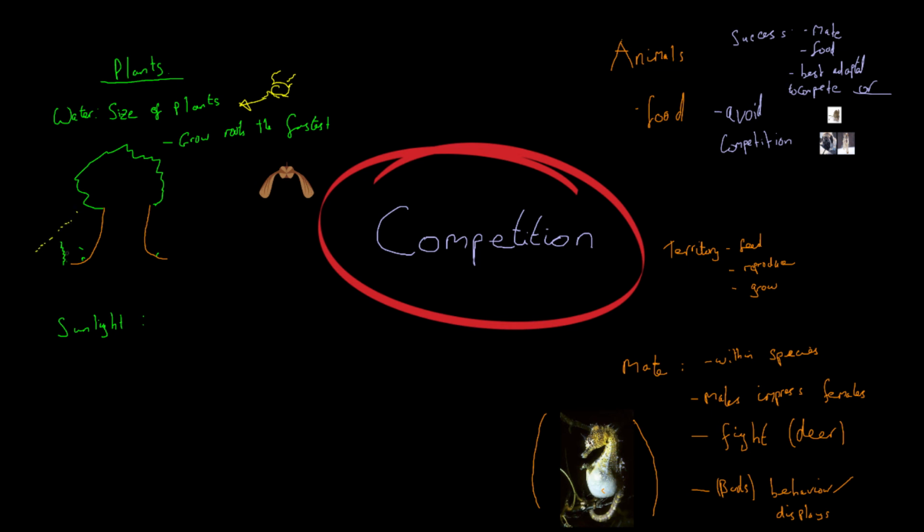So this plant is not going to be obtaining sunlight very efficiently. So this one is being out-competed. And that is as a result of the tree.